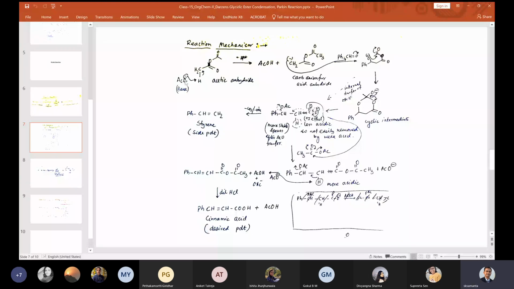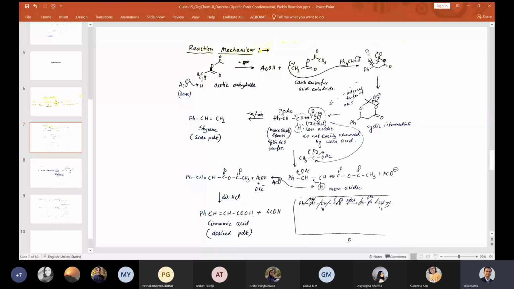In this case also, the base first picks up this proton to form a negative charge over here, which is of course resonance stabilized with this C double bond. This negative charge then attacks the benzaldehyde to form this kind of compound. Very interestingly, there is an acyl transfer that takes place in this intermediate.